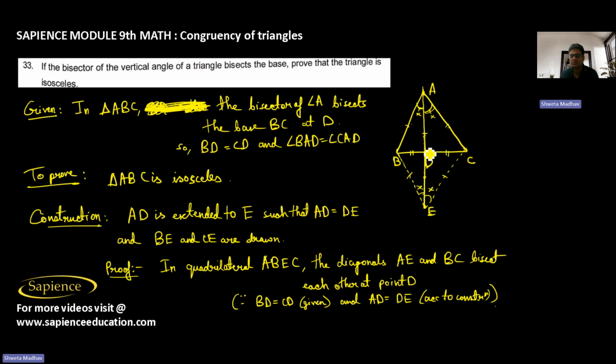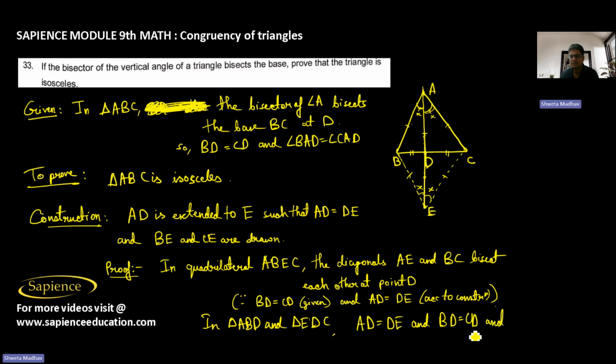But simply we can also prove that, if we take these two triangles, suppose we take triangle ABD and triangle EDC, then we can say that AD is equal to DE and BD is equal to CD.